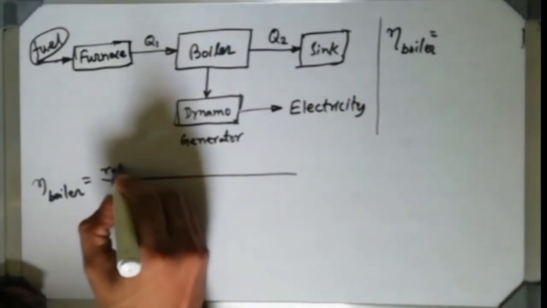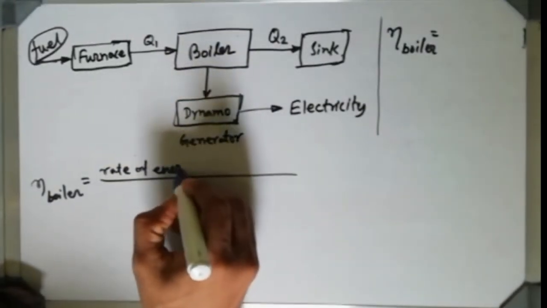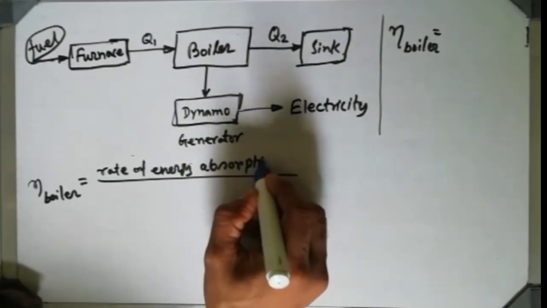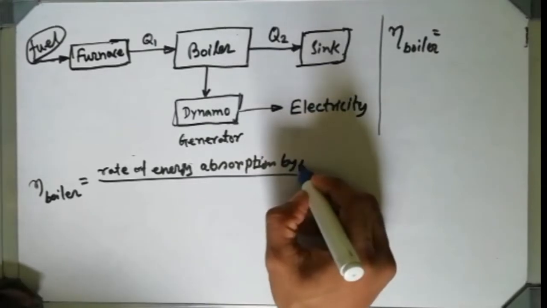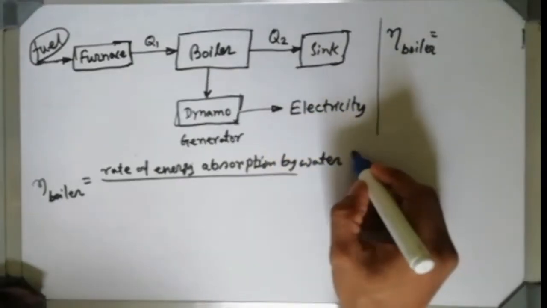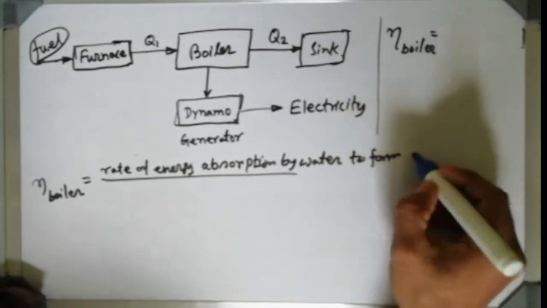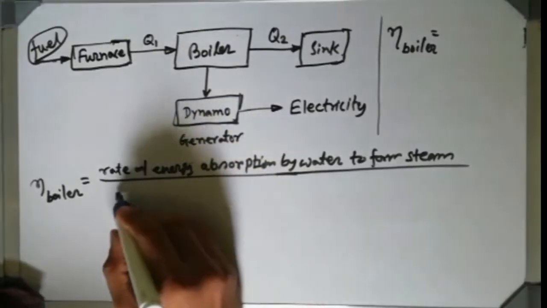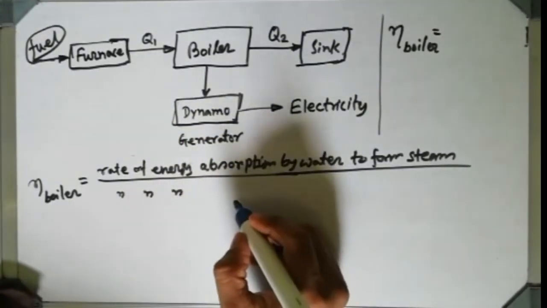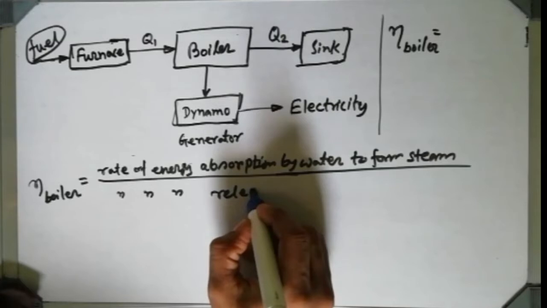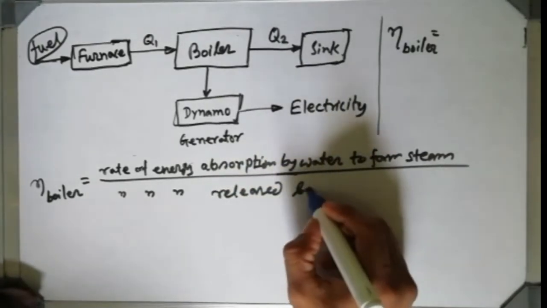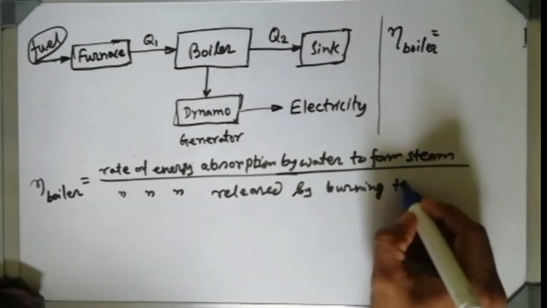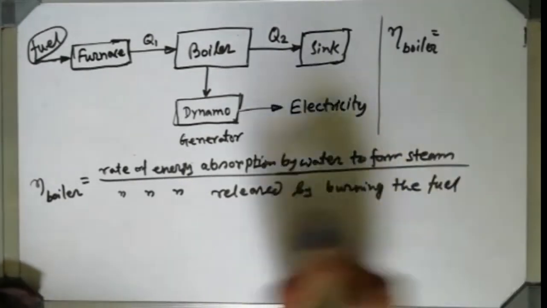So I can write it like this: rate of energy absorption by water to form steam, and with respect to rate of energy released by burning the fuel, that is the boiler efficiency.